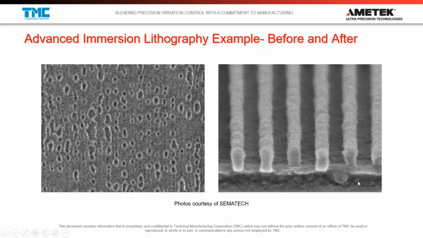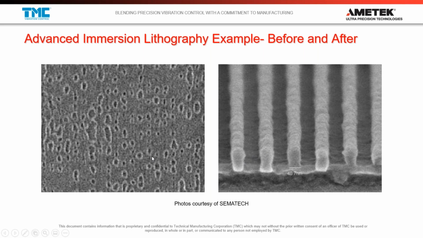And here's another really good example from advanced immersion lithography. So we had a lithography system at CEMATEC. And at the time that they were doing this, it was the 2000s, and state-of-the-art lithography lines at that time were roughly 45 nanometers. They perform the operation trying to create this 45 nanometer test pattern, where they're trying to get a gap of 45 nanometers between these two lines.